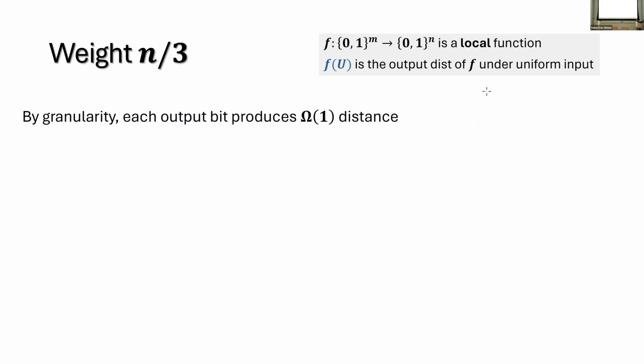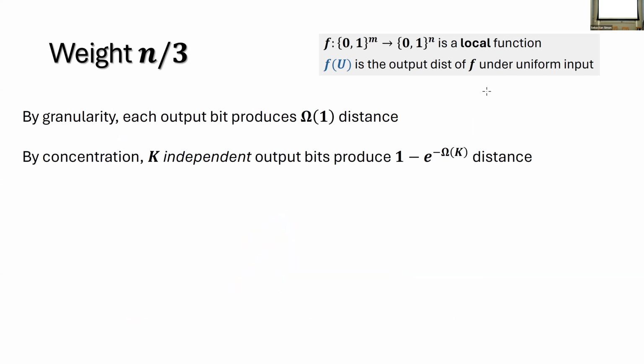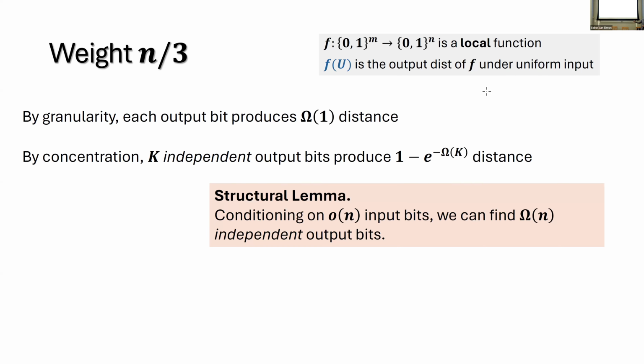For every output bit, we use this granularity issue to witness some constant distance from our target. Assume there are k independent output bits, then you will deviate more and more. In particular, this distance will be boosted from some constant to 1 minus exponential in k. To get those independent output bits, we prove a structure lemma.